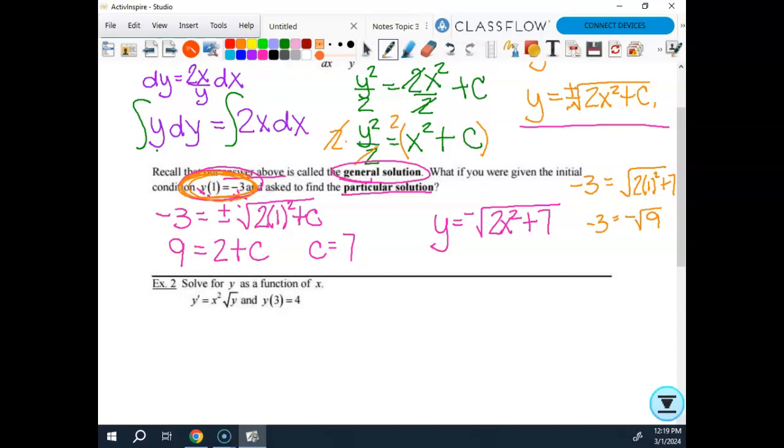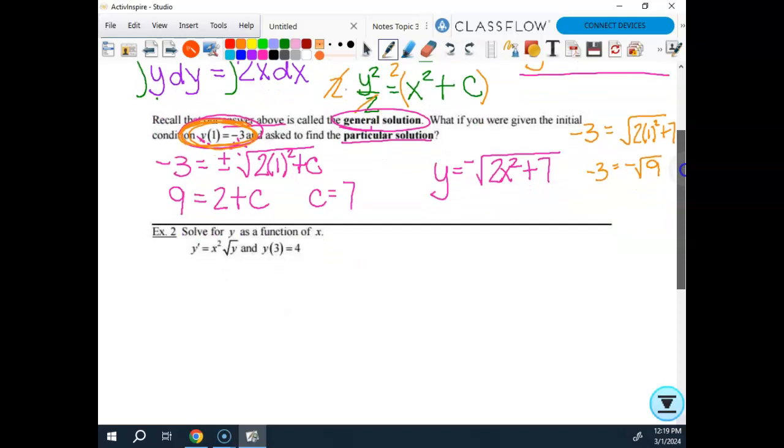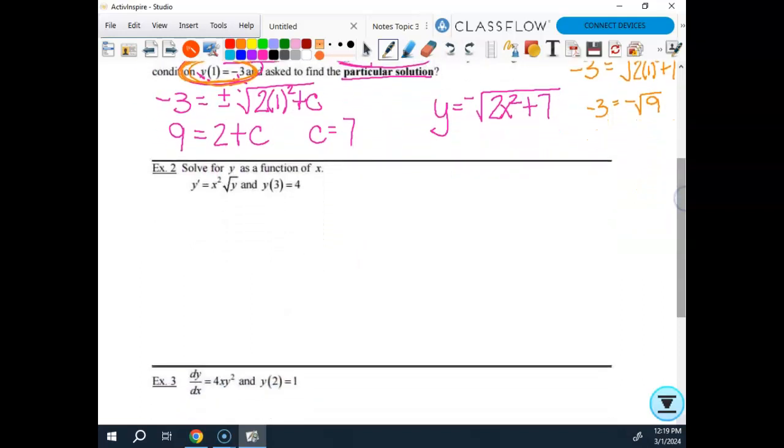Yes. Okay. Let me think about it a different way to say this. When we were here, where we just had y equals the square root of 2x squared plus 7, we were trying to decide if it was supposed to be positive or negative.